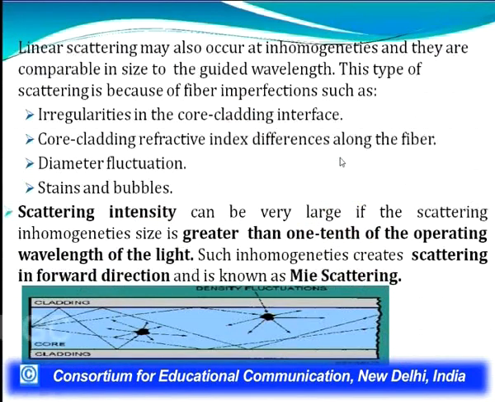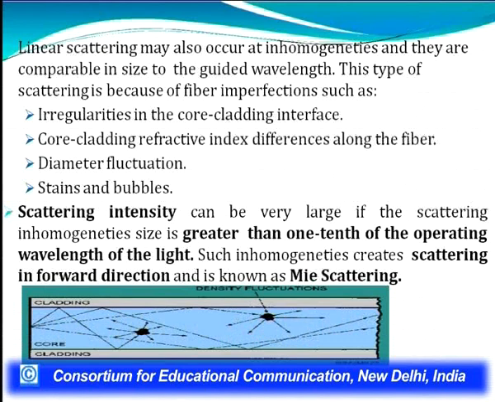Linear scattering may also occur in inhomogeneities that are comparable in size to the guided wavelength. This type of scattering is because of fiber imperfections. What are the causes of the scattering of light? Number one is irregularities in the core-cladding interface, meaning the core-cladding surface is not smooth or regular.